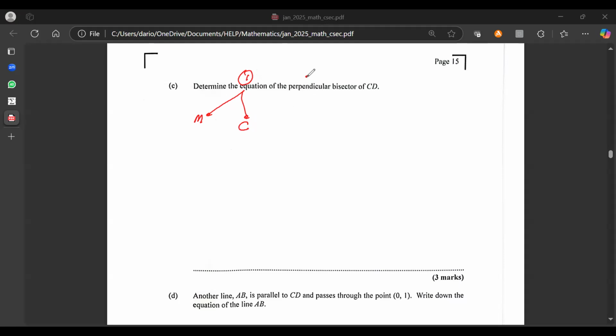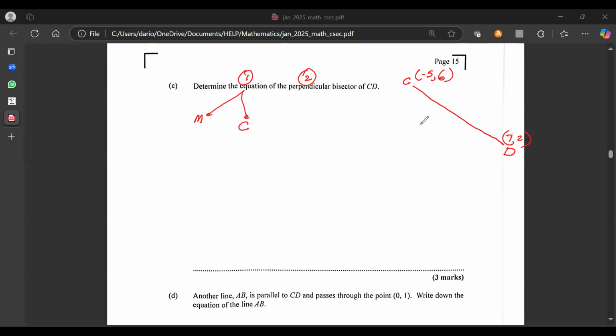The next part that you need to know is the perpendicular line. The perpendicular line means that whatever the gradient was for the first line, let's call this line CD. We know C was -5 and 6, and D was 7, 2.